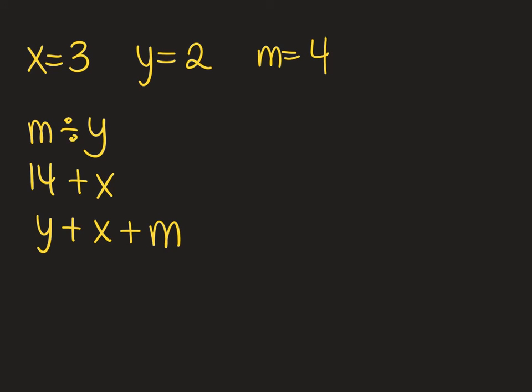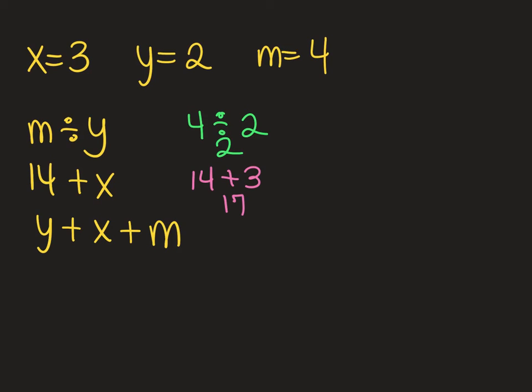All right, I've got 3 questions here. Let's do the first question. M divided by Y. Well, what would that look like when I replace? 4 divided by 2. Final answer is 2. 14 plus X. 14 plus what? 3. 17 is my final answer.